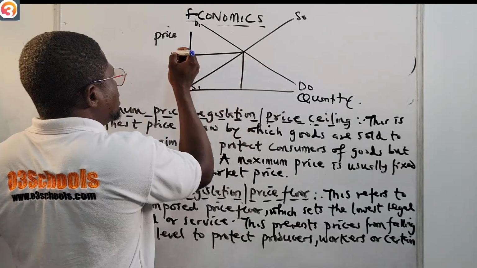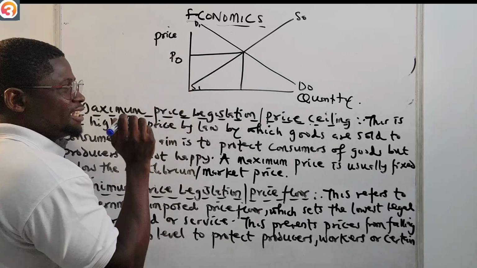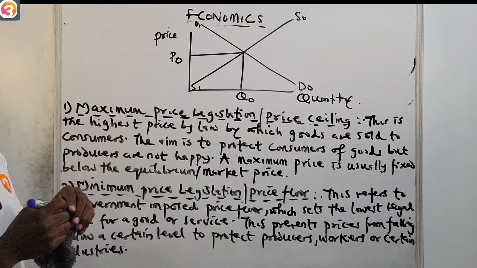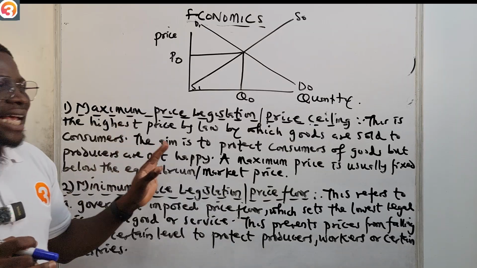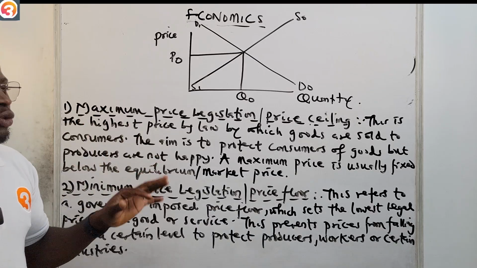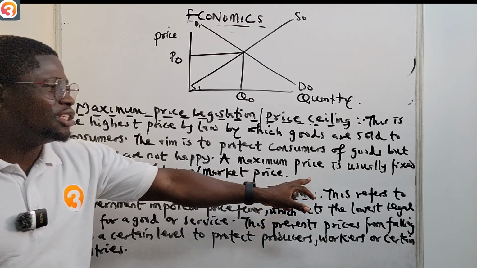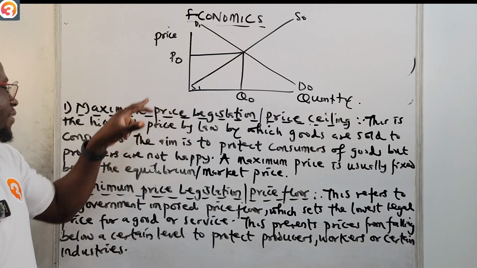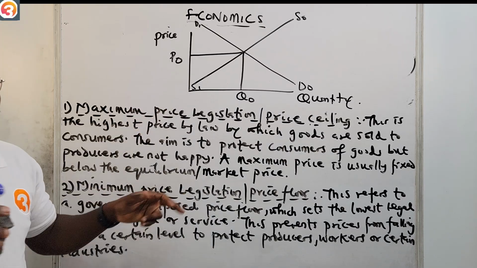If the price here is P0, the quantity will be Q0. Now, pertaining to maximum price legislation, we say it is the highest price at which goods are sold to consumers, and it's usually fixed below the equilibrium price or market price.